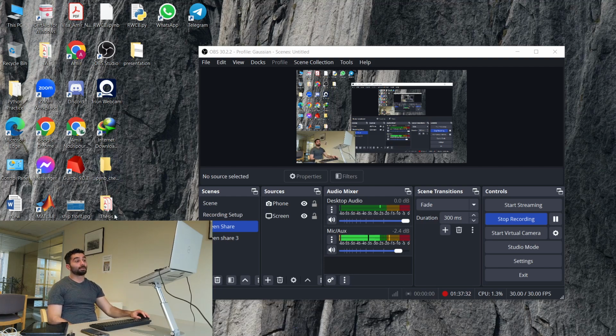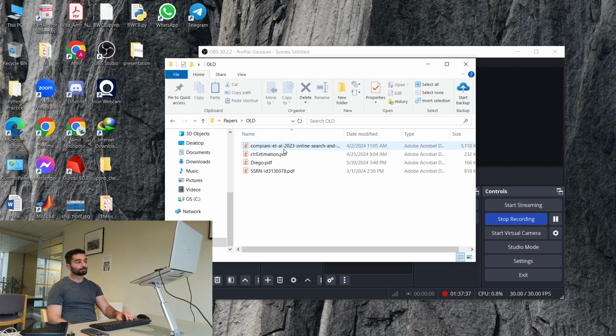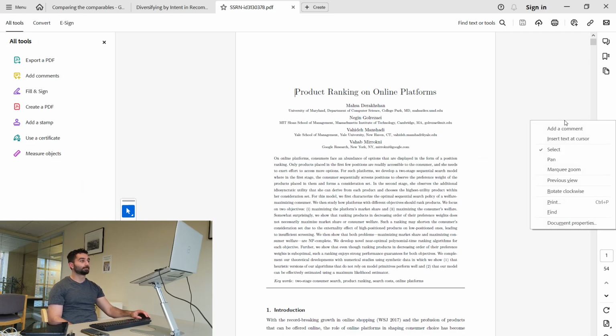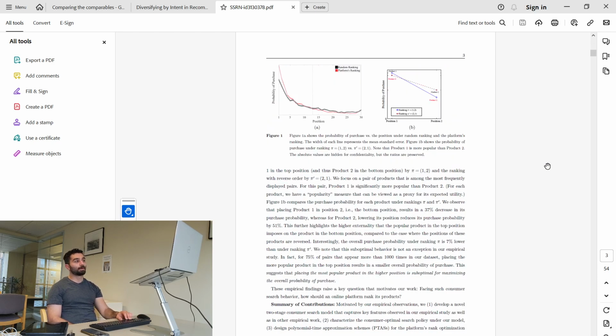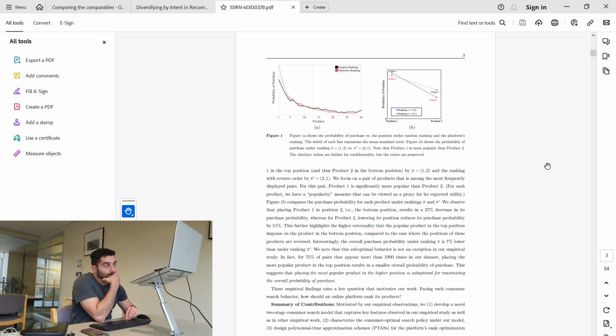Now let's go take a look at Negin's paper. Yeah, that's it. That's the graph. Still, I have a feeling for fairness on this graph.